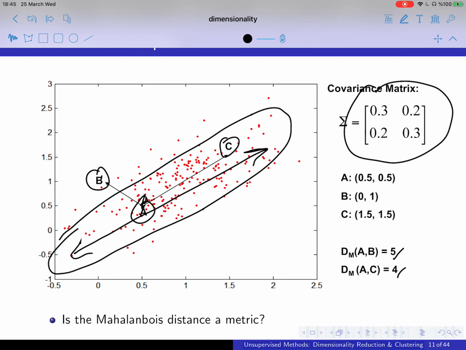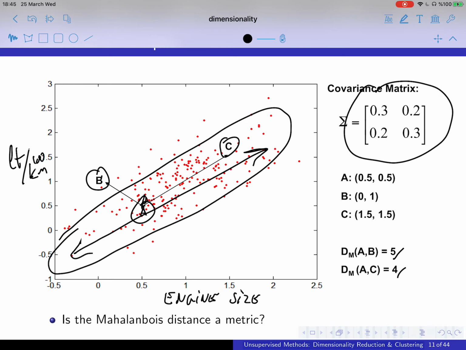One example would be that this might be the engine size of a car, and the other dimension might be its gas consumption in liters per 100 kilometers, whatever you want. The numbers don't matter.